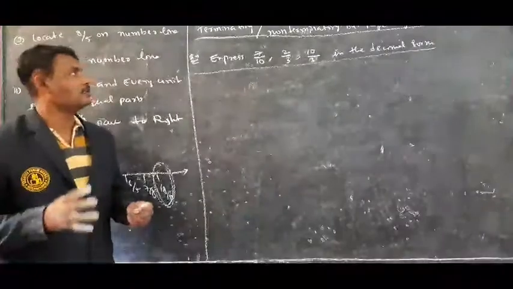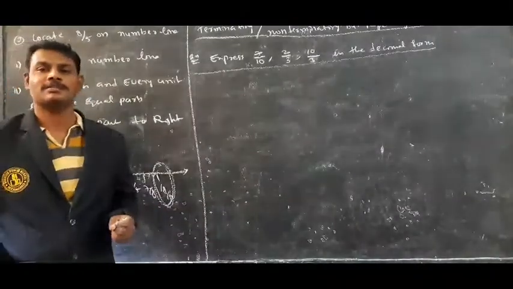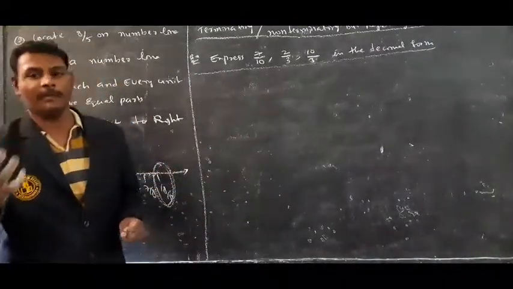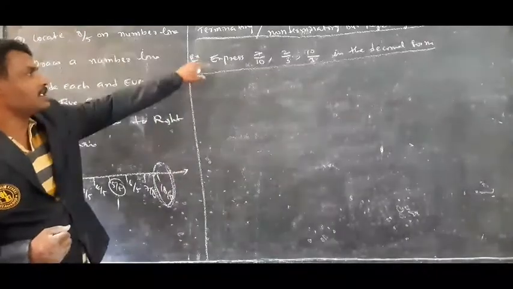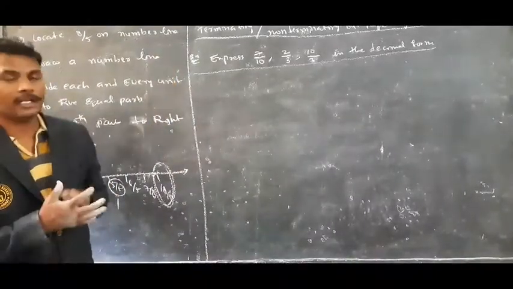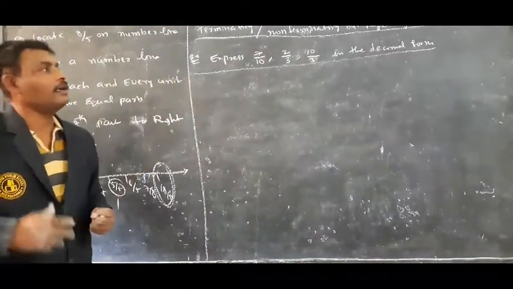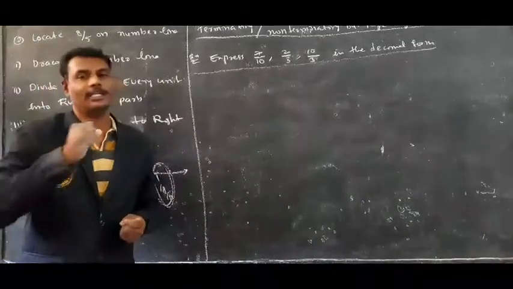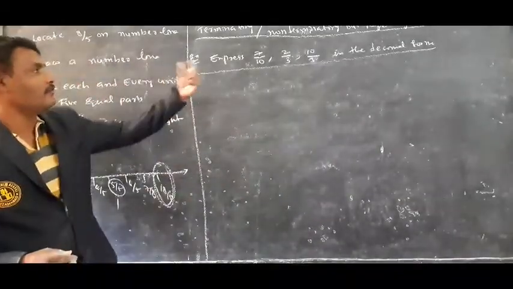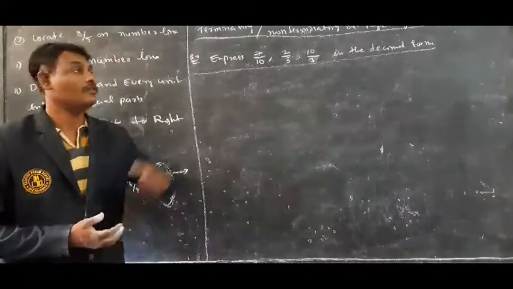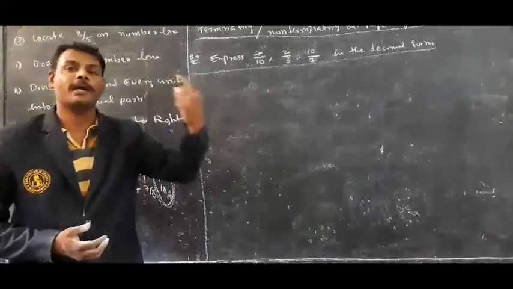Next topic is terminating decimals and non-terminating but repeating decimals. Here is the question: express 7 by 10, 2 by 3 and 10 by 3 in the form of decimals, and say which is a terminating decimal and which is a non-terminating but repeating decimal.